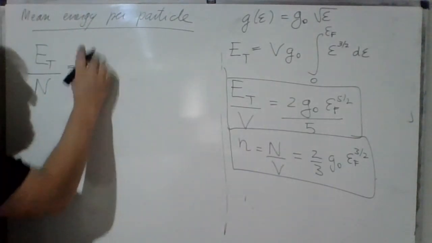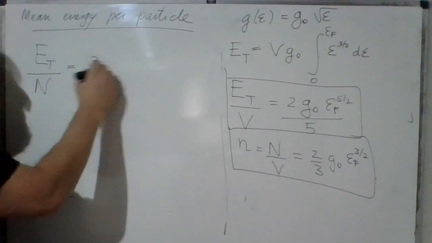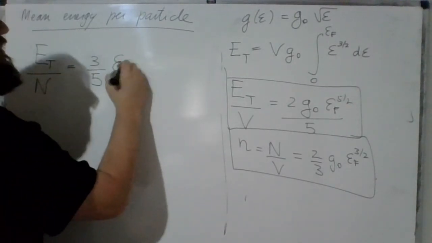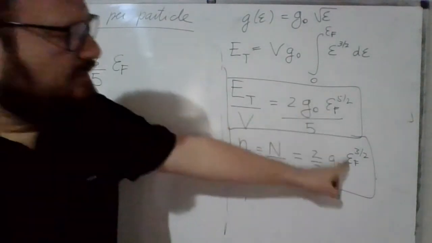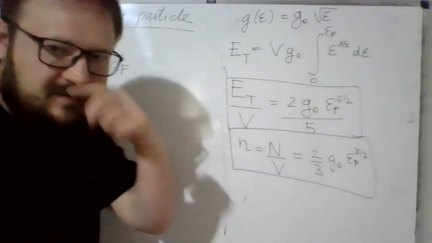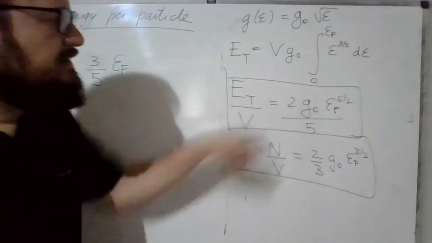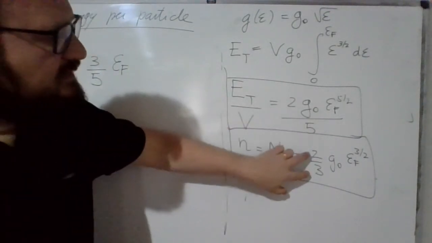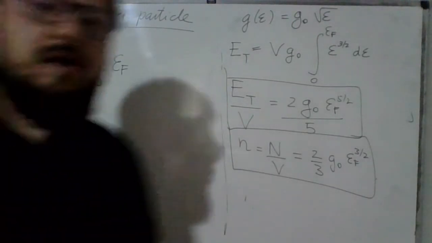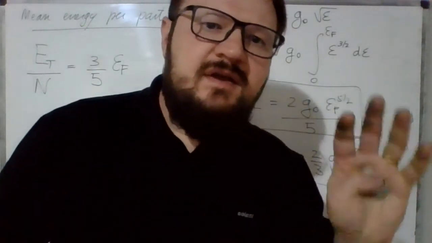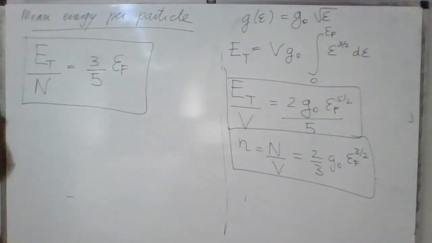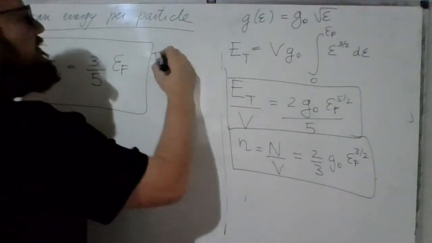You'll find a factor of 3/5 of the Fermi energy, because if you divide this by that, you find 5/2 minus 3/2, which is just 1. Notice that the G0 cancels out, and 2/5 divided by 2/3 is 3/5. Okay, so each particle on average has an energy of 3/5 of the Fermi level. This is the result for a Fermi gas.